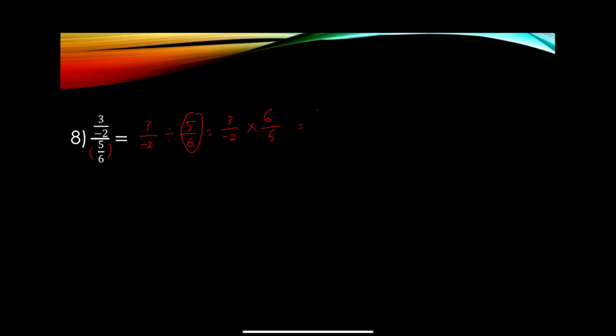So it's 3 times 6 over negative 2 times 5. 3 times 6 is 18, and negative 2 times 5 is negative 10. Is there anything common? Yes. We divide by 2. Dividing by 2 is 9. Dividing by 2 is negative 5. So it's 9 over negative 5, which is exactly the same as negative 9 over 5, with the negative sign here, not here.